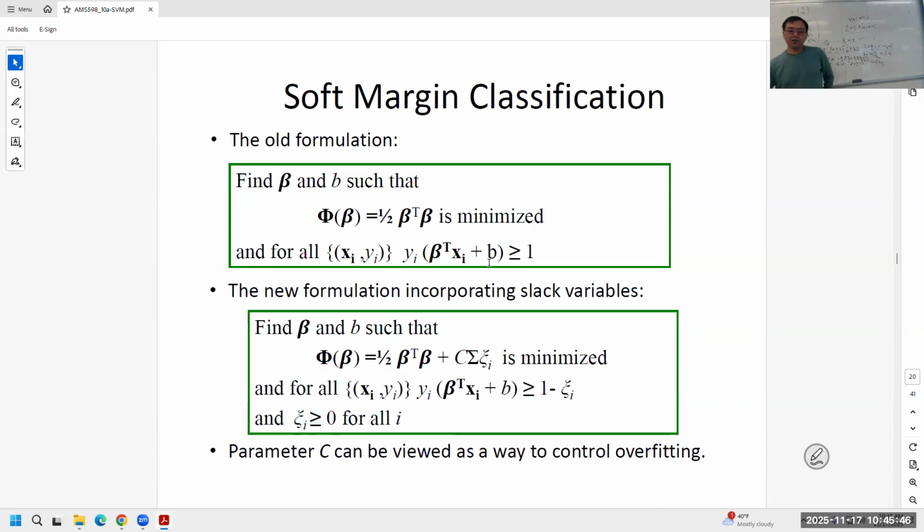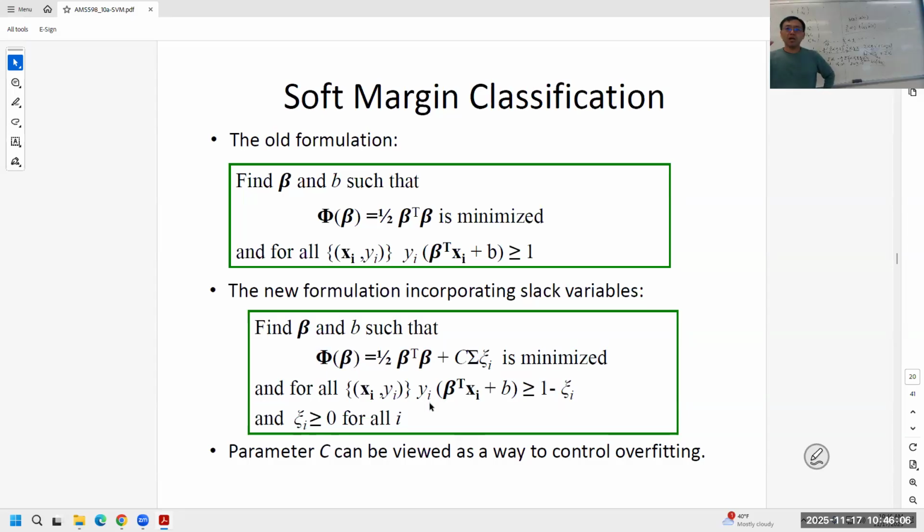You can write out the Lagrangian function for this problem as well, using the same argument as for the old problem, and you can find its dual problem.